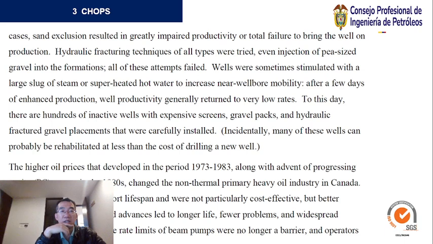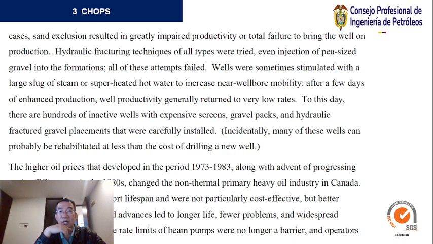Hydraulic fracturing techniques of all types were tried, even injection of pea-sized gravel into the formations. All of these attempts failed.